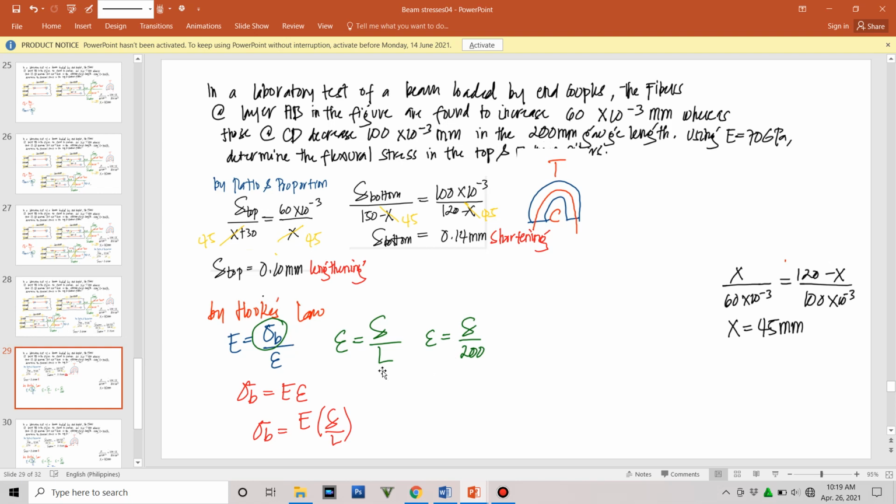So, by manipulation, ang concern natin dito is bending stress.